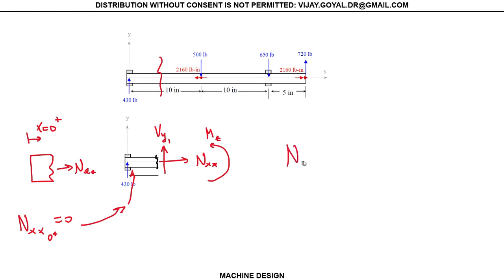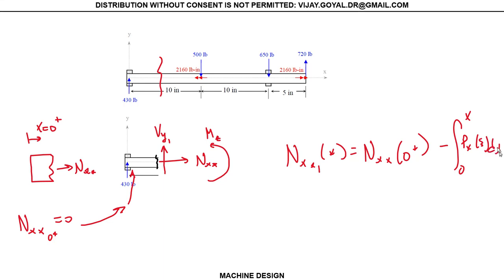So Nxx of x for section 1 will be Nxx at 0 plus minus the integral of 0 times px psi d psi, and this is 0. So you basically end up with this equal to 0.